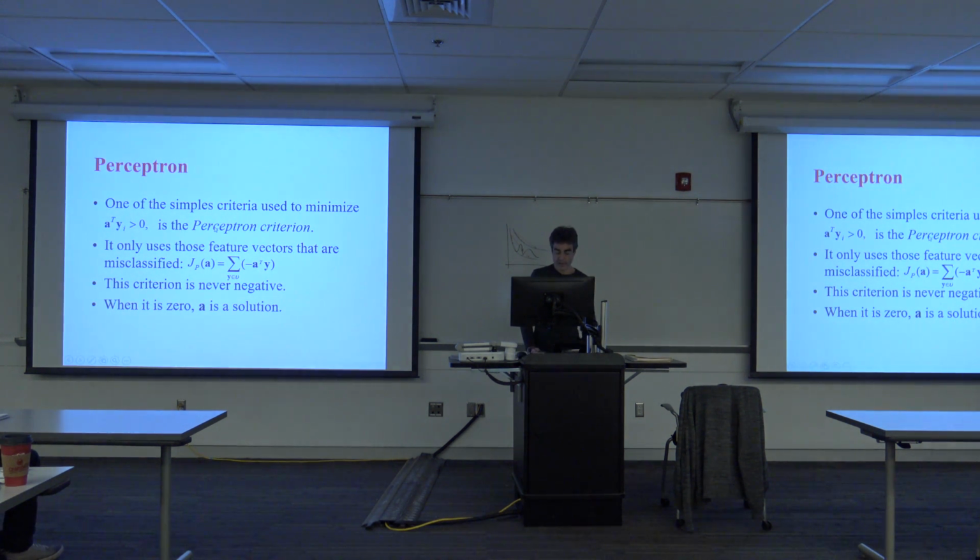So that's where we were defining the perceptron. The perceptron is one of the simplest, if not the simplest, method or criterion that you can define. And the criterion is very simple. You take all the feature vectors that are currently misclassified by a given initial value for A, and then you compute negative A transpose Y, right? Because that's what you want to correct for. And then you add this to the criterion, you sum it over.